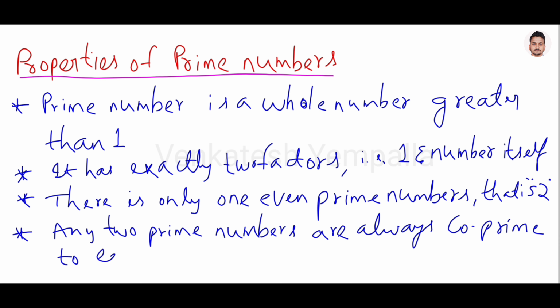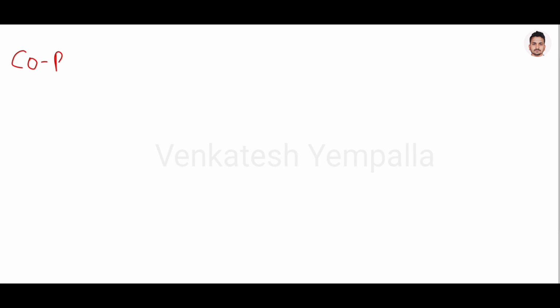These 4 properties come under prime numbers. For the fourth point, I will explain clearly what co-prime numbers are. This is a very simple concept. Co-primes are considered in a pair.